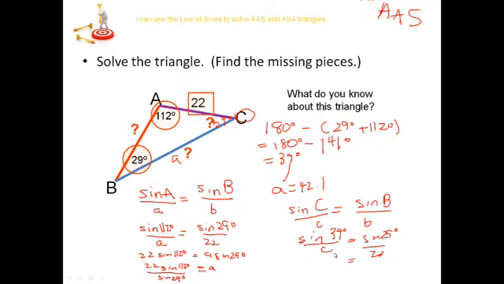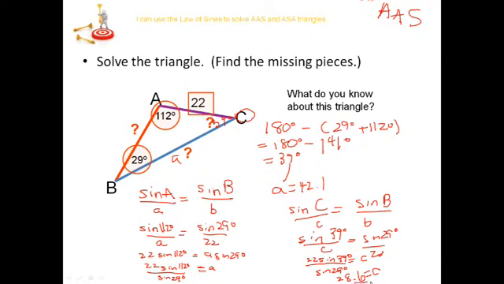So working this out, I'm going to get C equals 22 sine of 39 over sine of 29. So C is going to equal about 28.6.